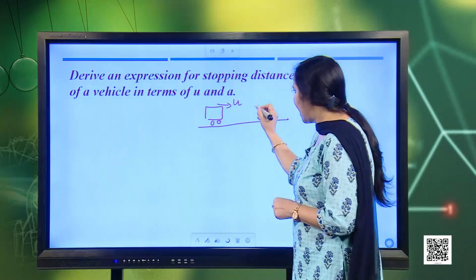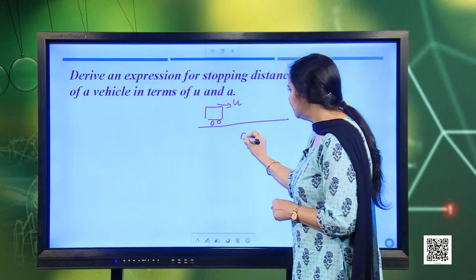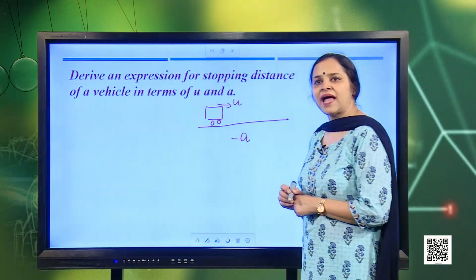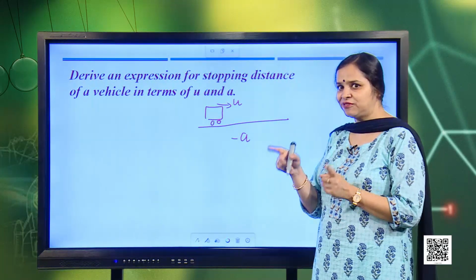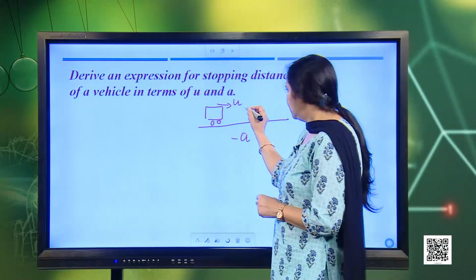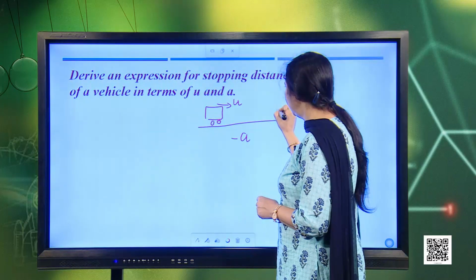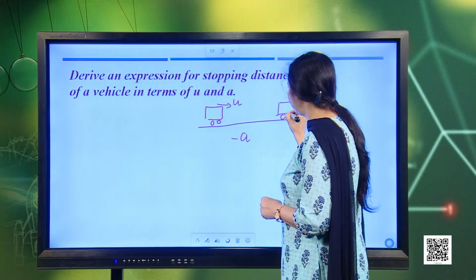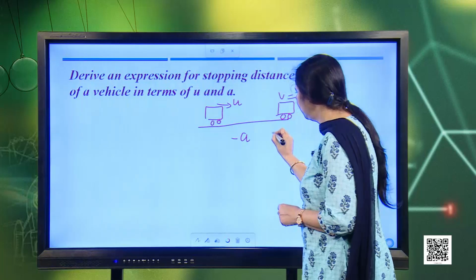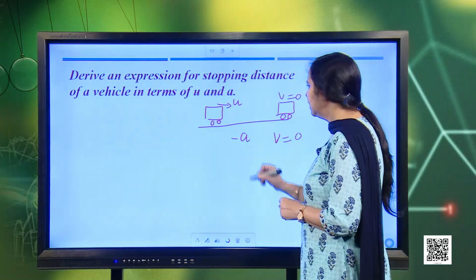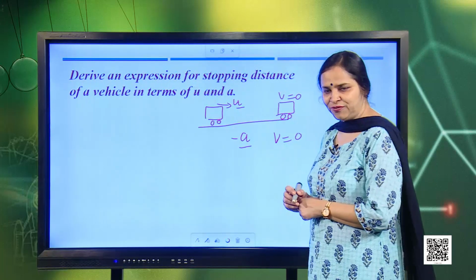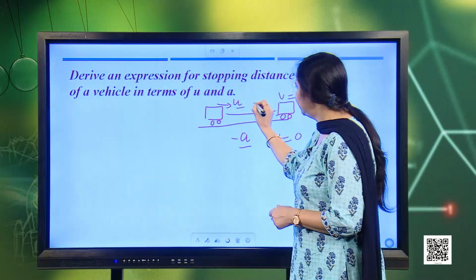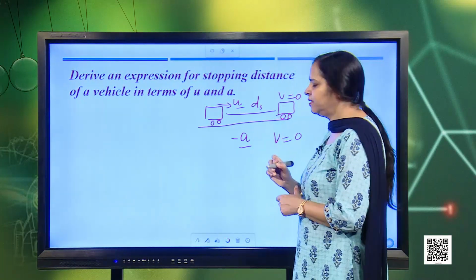The acceleration will be minus a, because this is a case of deceleration. The speed has to decrease. So the final velocity will become 0 when the vehicle stops here, so v equals 0. Initial velocity is u, acceleration is minus a, and the stopping distance is d suffix s.